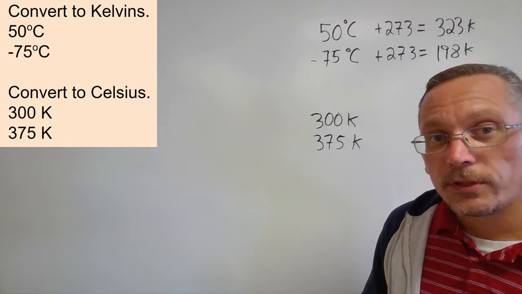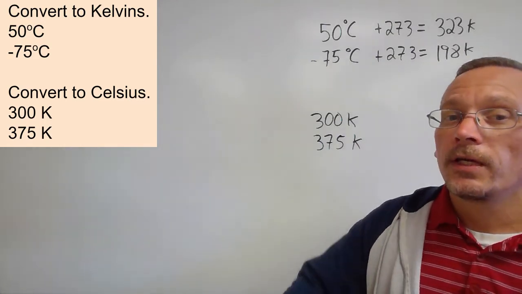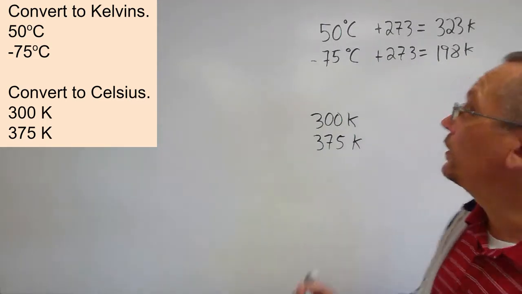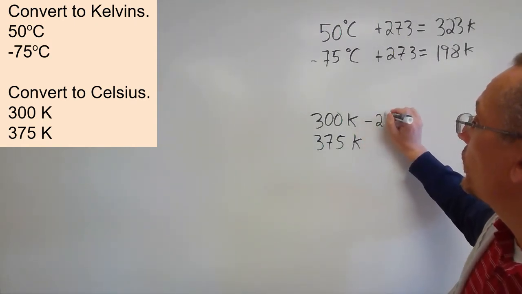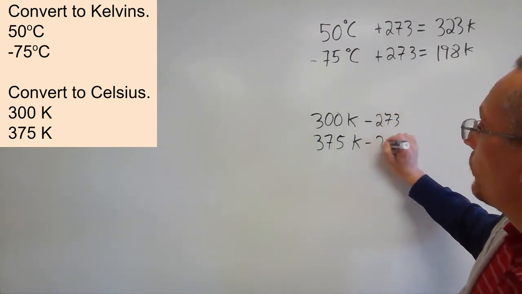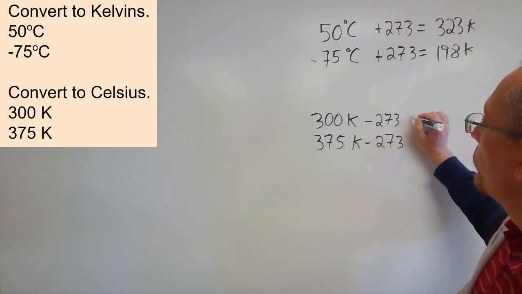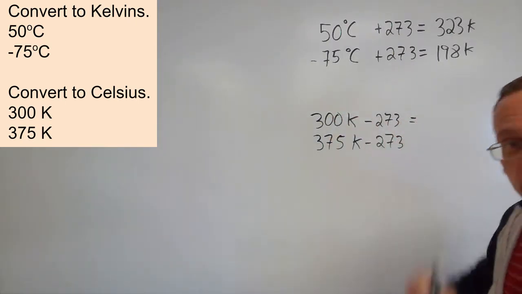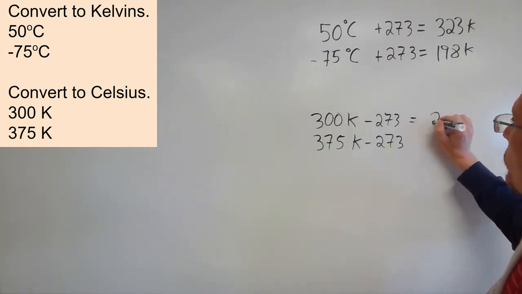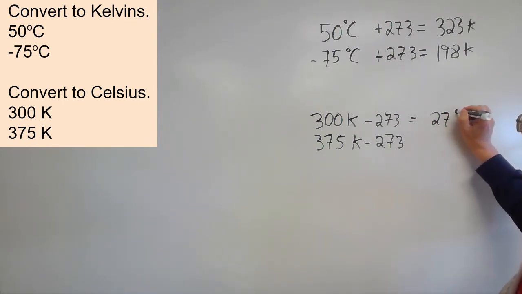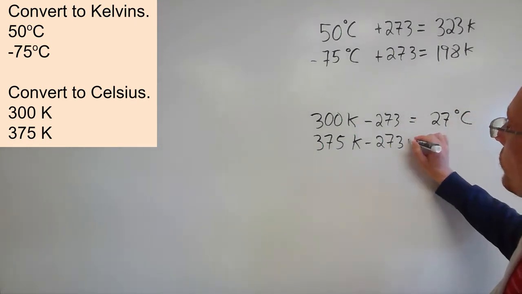Okay. Let's see these ones down here. They give us temperatures in kelvins, and they want us to change them to degrees Celsius. So instead of adding 273, we are going to subtract 273. So 300 minus 273 should give us 27 degrees Celsius.